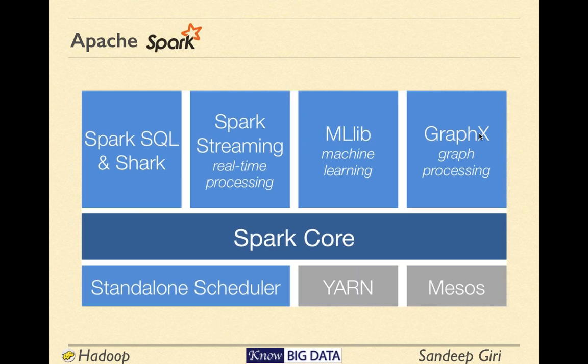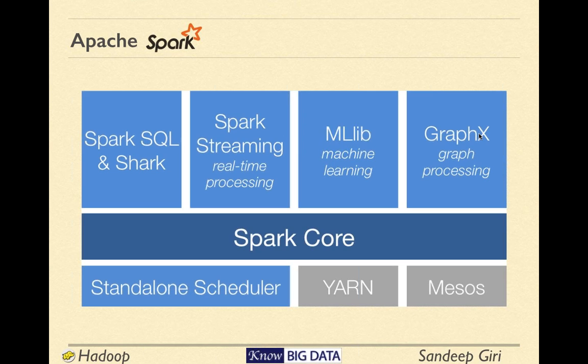The first of them is Spark SQL. Instead of directly dealing with Spark, you will be talking in terms of SQL, and that would be converted the way we were converting into MapReduce. Similarly, here our SQL will be converted into transformations and actions.